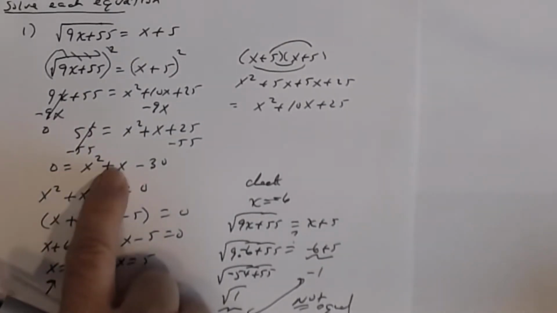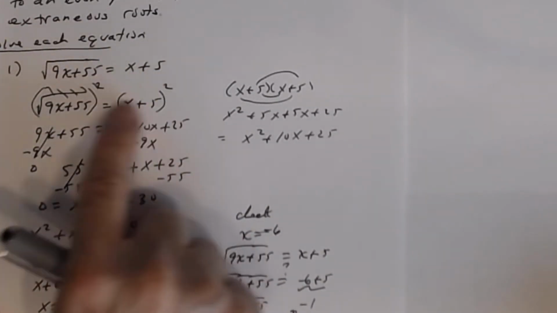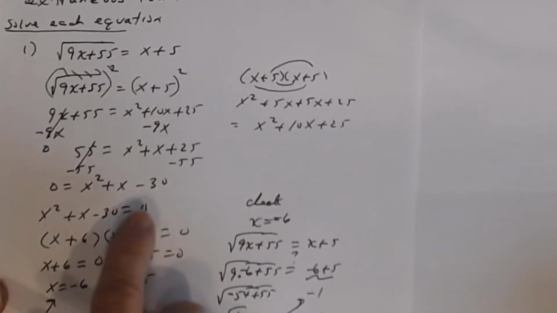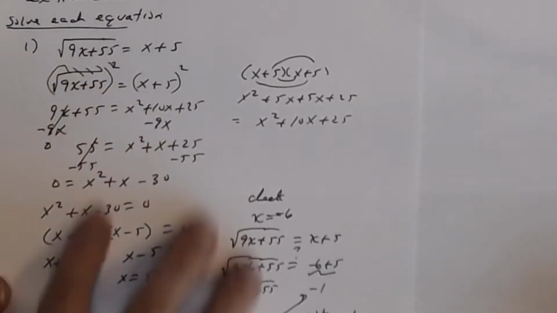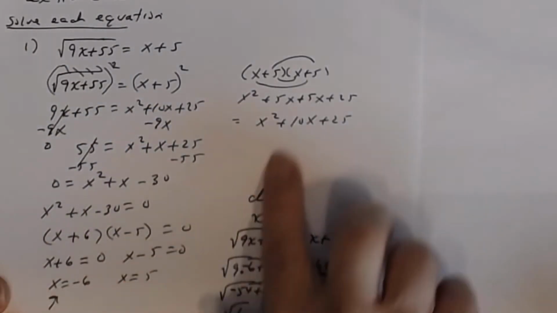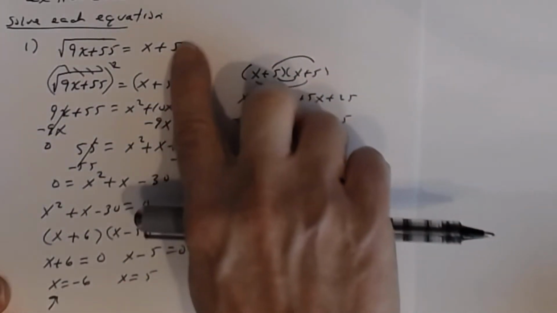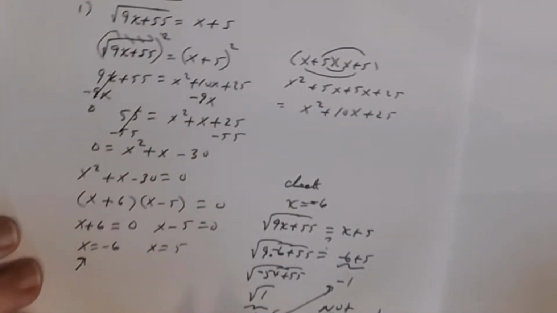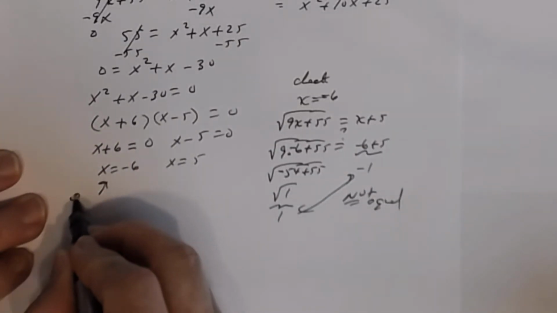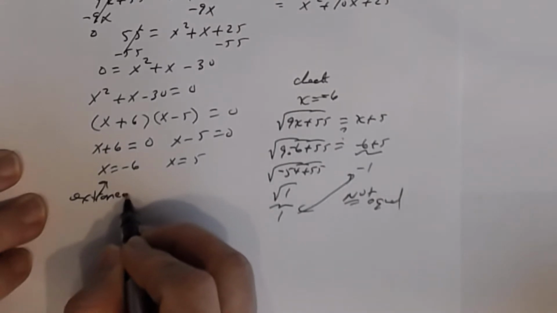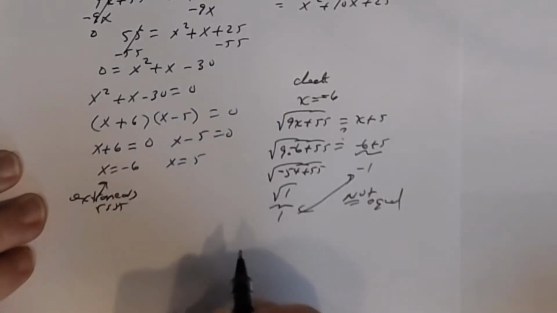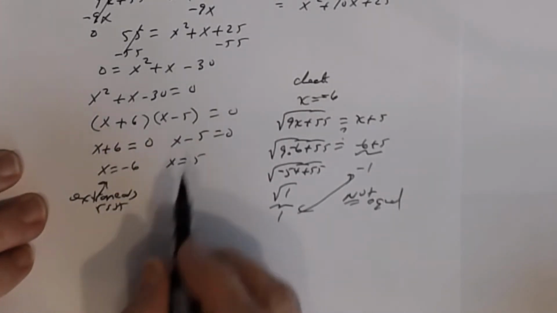It's a solution to this, but not the original. So when you square both sides, you introduce an extra solution to the process, but it's not a solution to this original equation. So this right here is an extraneous solution. So that's not a solution. Extraneous root.